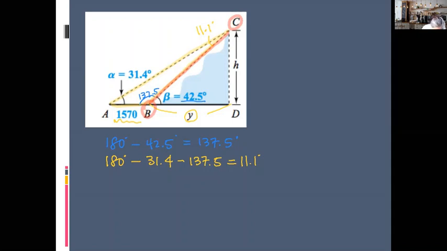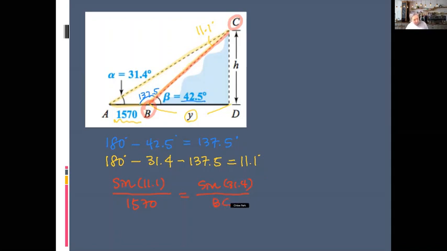Law of sine currently gets us to this point: sine value of 11.1 over the side value of 1570 will remain the same ratio as sine value of 31.4 over the side BC, right?